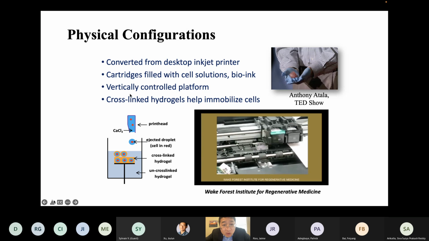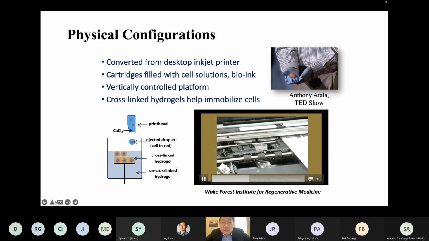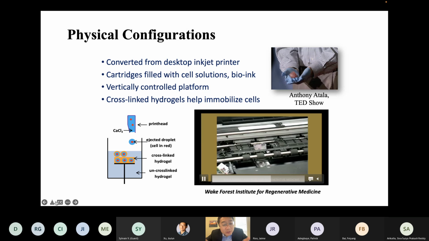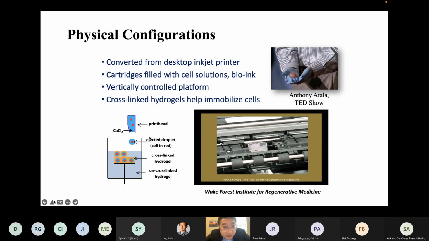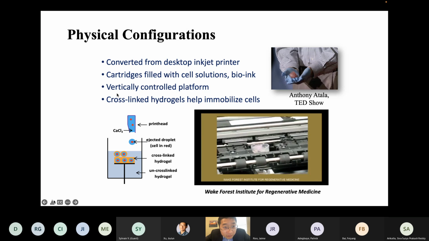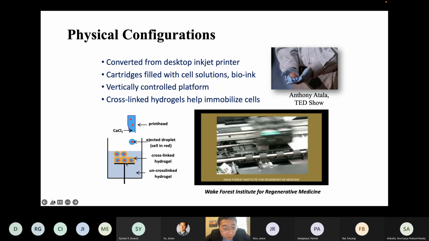They have a vertically controlled platform. Of course, in our inkjet printers we don't need to tune this platform, because we just print 2D images on paper, but they did. So they did create a vertically controlled platform.